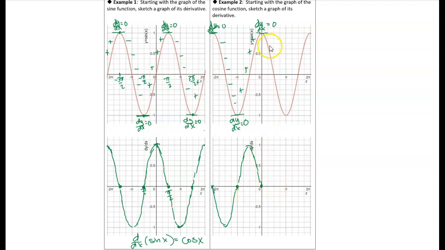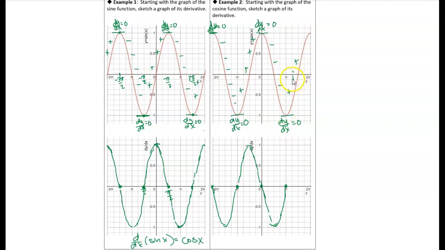All right, and then the function is decreasing again until you get to pi, where the derivative is 0 because the slope is 0. Okay, so it's going to cross the x-axis again at pi, and between 0 and pi, it's going to be below the x-axis because the slope is negative. All right, so let me sketch that in, and then finally here the slope is positive again.